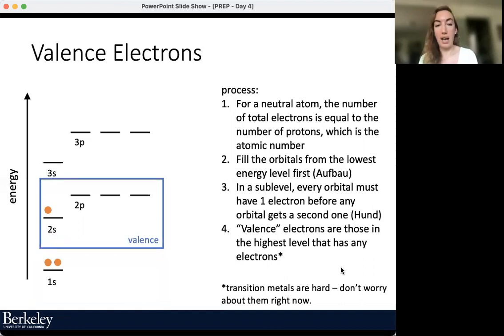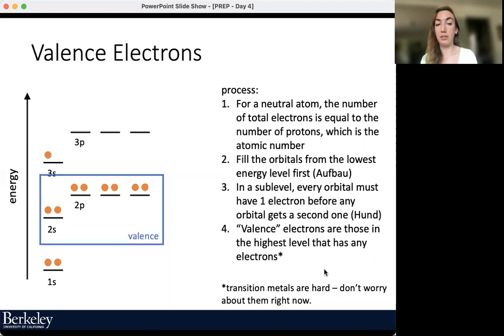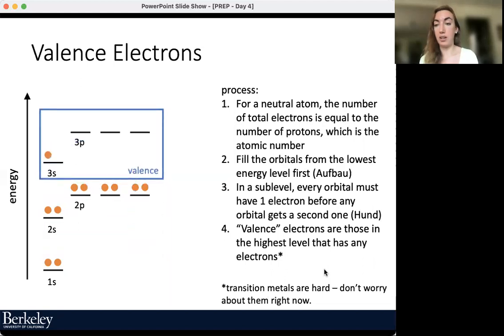Then exactly like before, I'm going to finish filling that second energy level. So now the second level is full. And if I need to add my 11th electron, I move into my third level. Now that's my valence shell, because that's the highest level that I've even started filling. And then I finish filling my third shell.